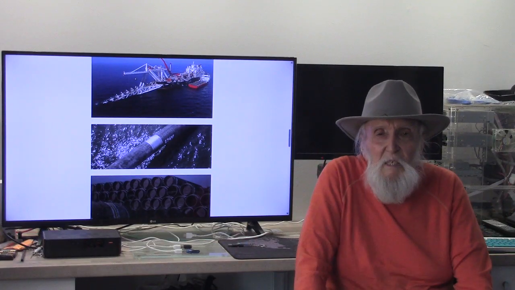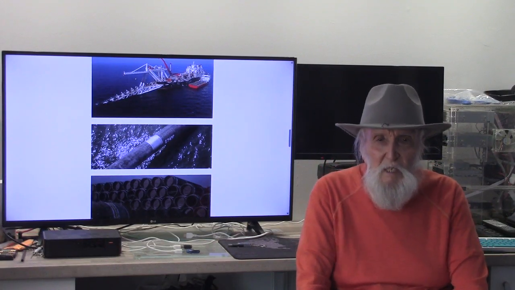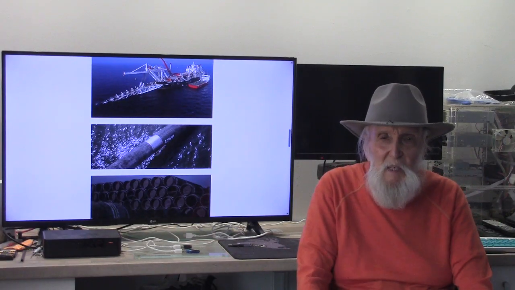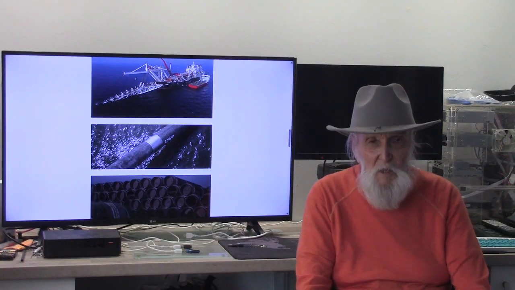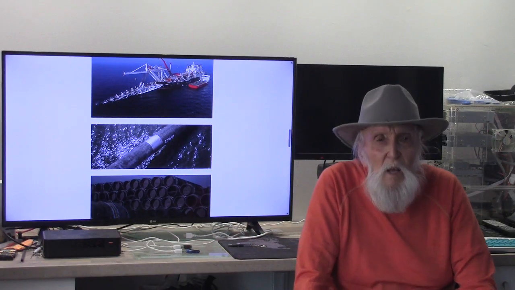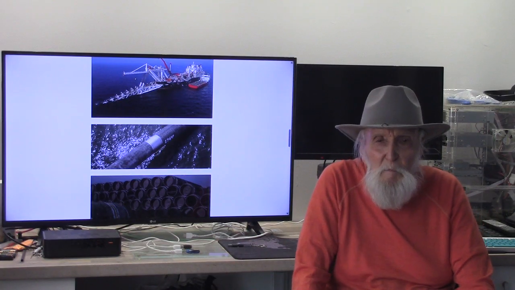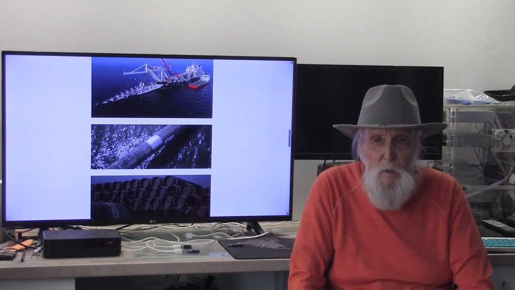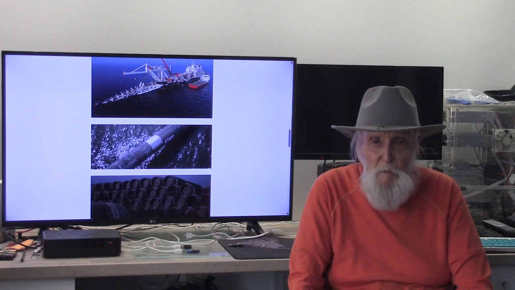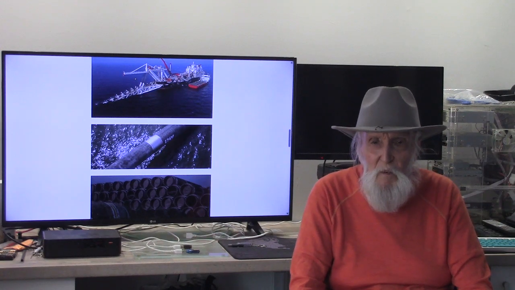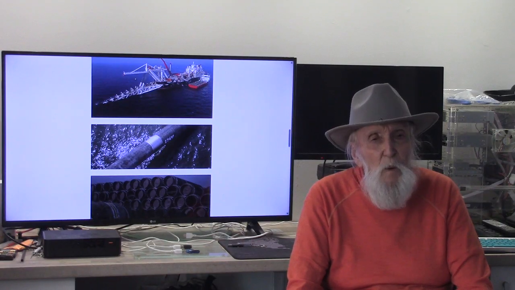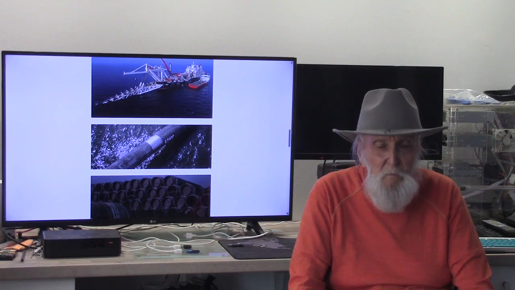Section 2. Understanding the Nord Stream system. To understand the failure, we must first understand the structure of the whole system. The Nord Stream system comprises two projects, Nord Stream 1 and Nord Stream 2, each consisting of two parallel pipelines, 4 in total.